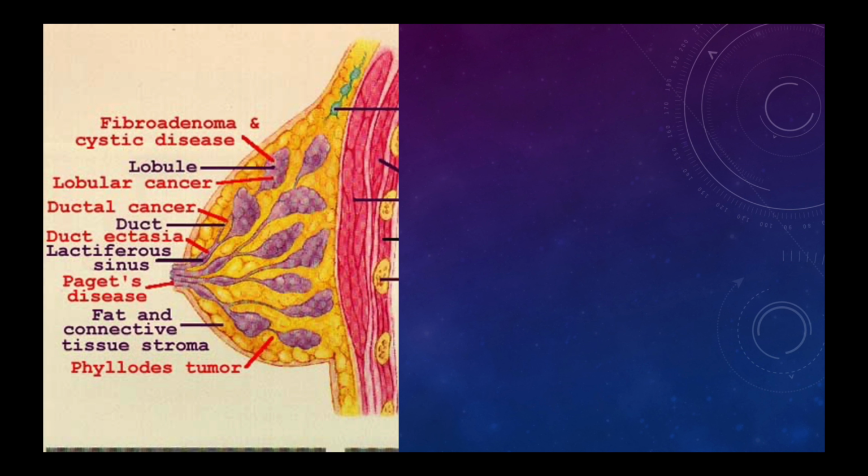So let's get started. Here we have the index, just to let you know what I'm going to be talking about. First of all, I'm going to be talking about the physiology of the breast to get the basics done.